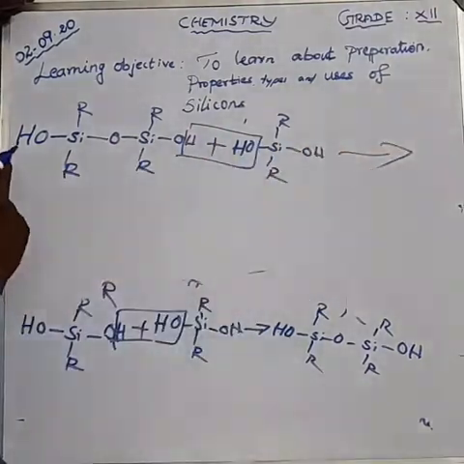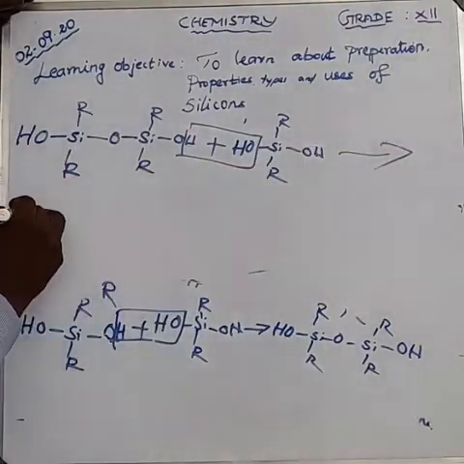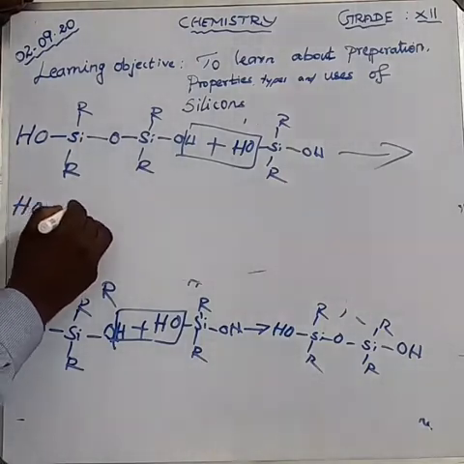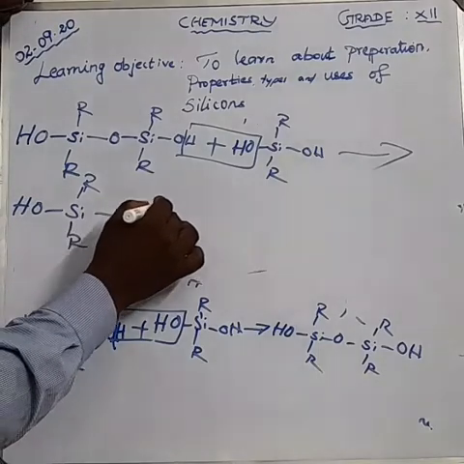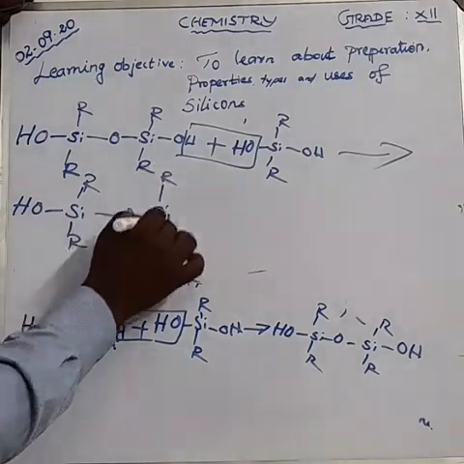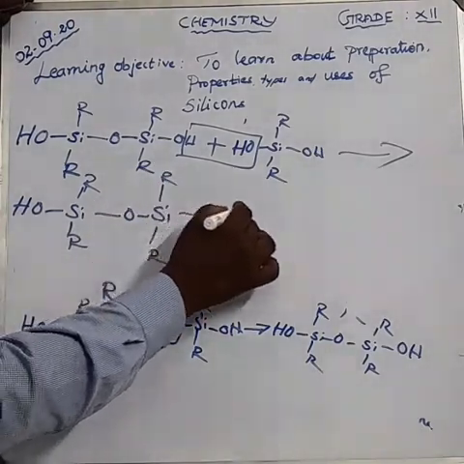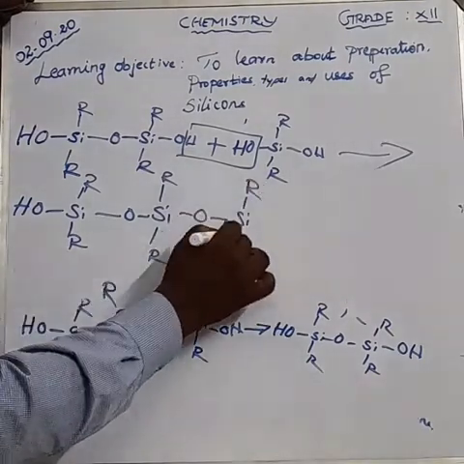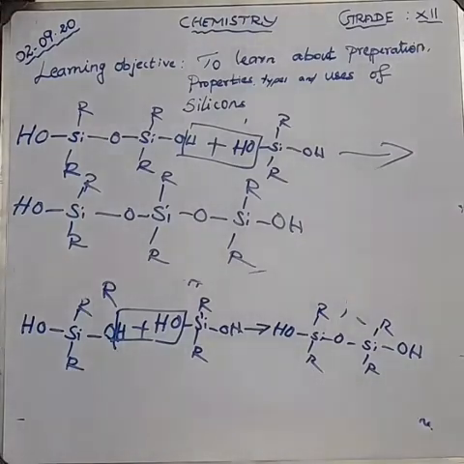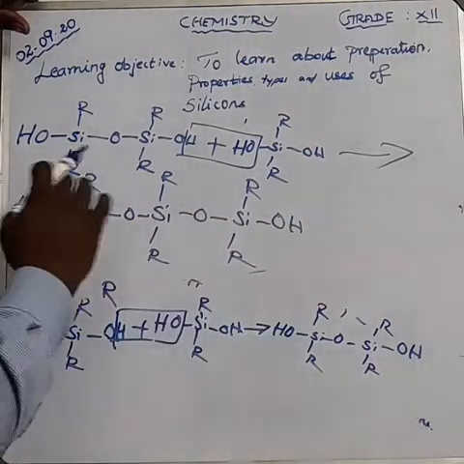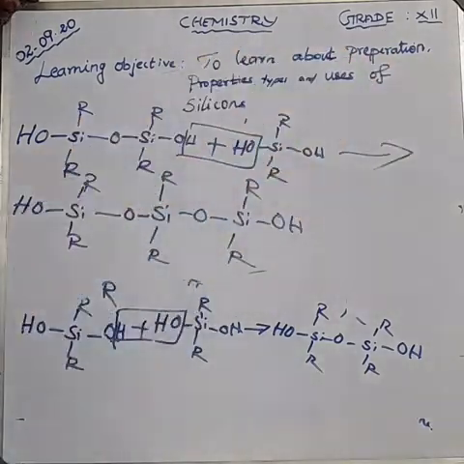The product is the same chain, HOSiRROH units linked through oxygen. This is a straight chain polymer. The compound is arranged in a linear straight chain.